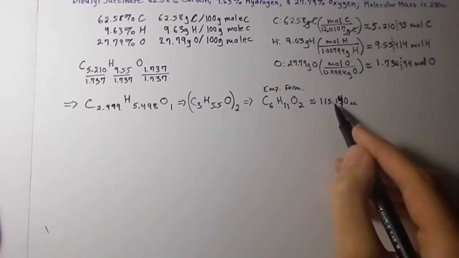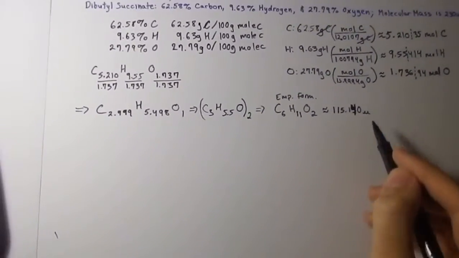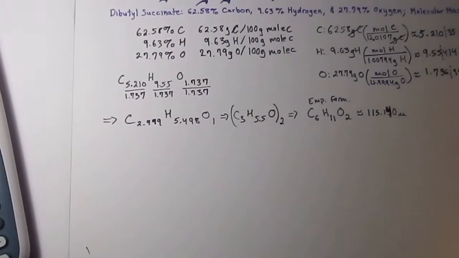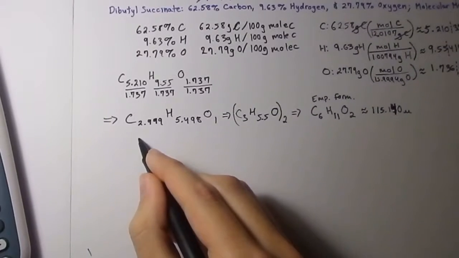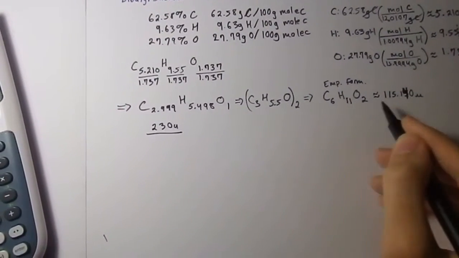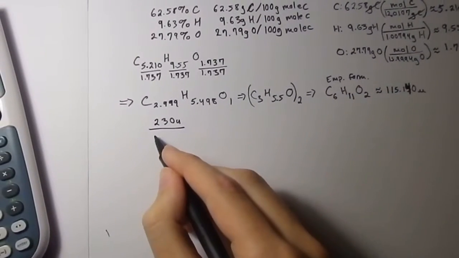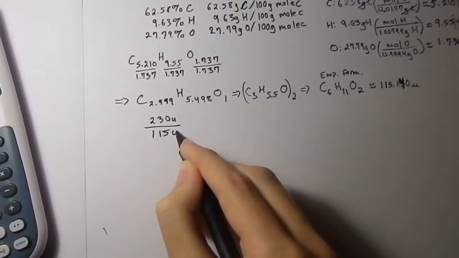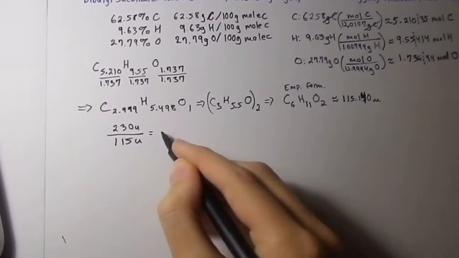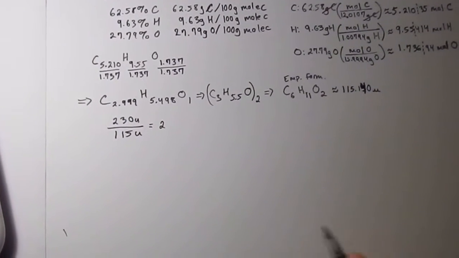Here this empirical formula is 115 u. So to determine the multiple, you take the original molecular mass, which is 230 u, and divide it by the mass of the empirical formula, which is 115 u approximately, which, guess what, happens to be 2.